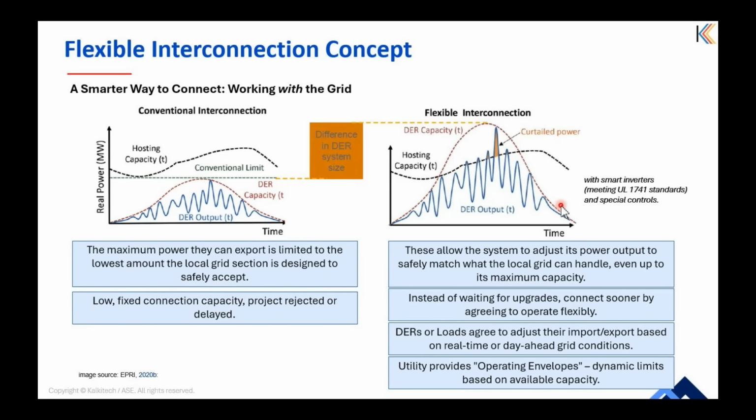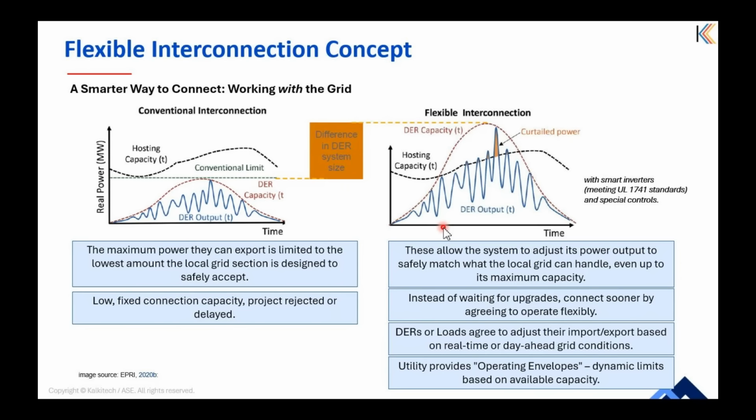So this involves the system adjusting its import or export based upon operating envelopes set by the utility. Think of this as personalized time-varying permissions from the utility, defining this safe operating range based upon the current grid capacity rather than a fixed continuous limit. Responsive communication and control technology makes this possible.